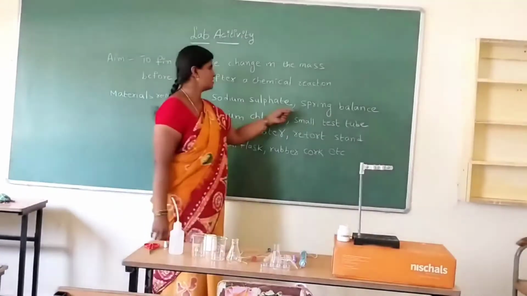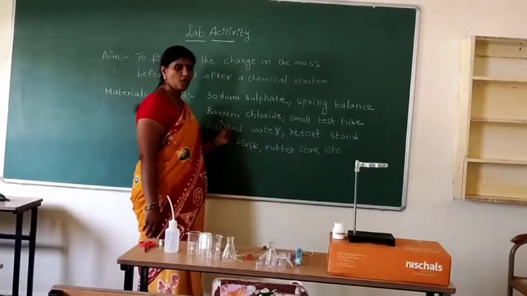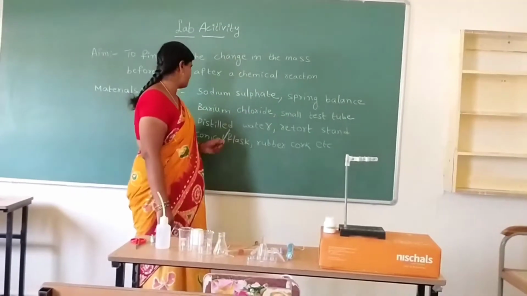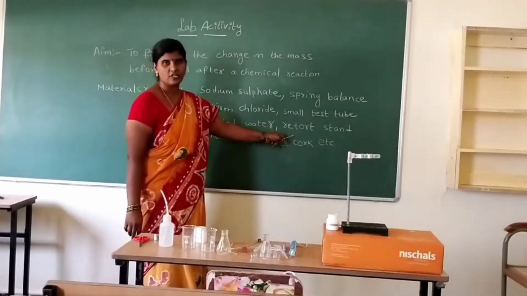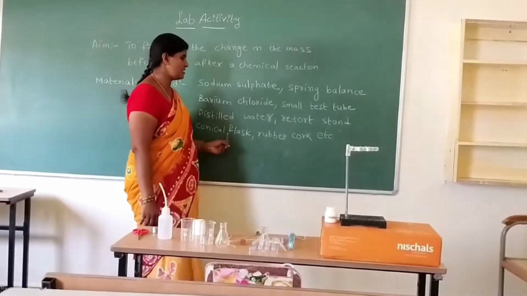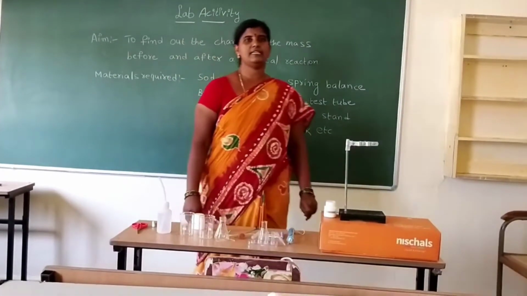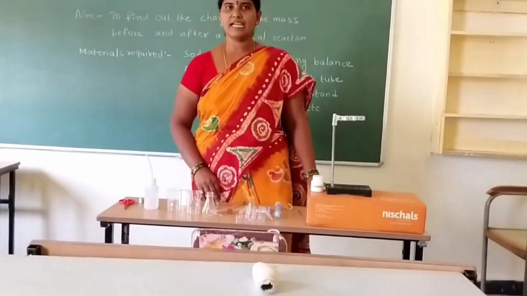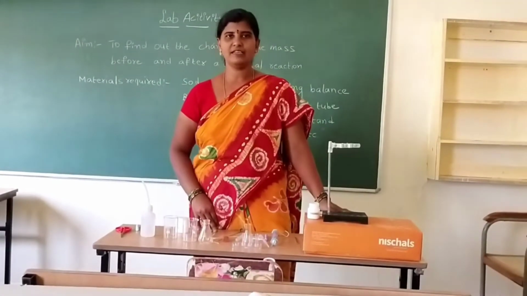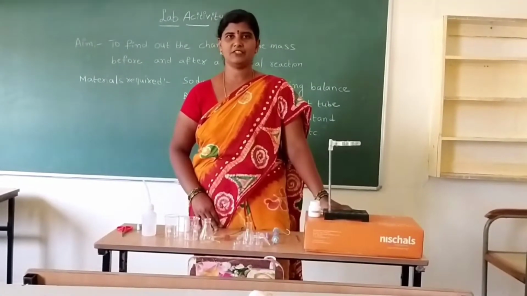Sodium sulfate, spring balance, barium chloride, small test tubes, distilled water, retort stand, conical flask, rubber cork, etc. These items are also present in our lab. Let us observe the items.